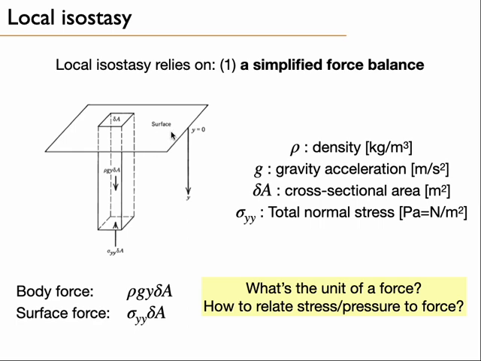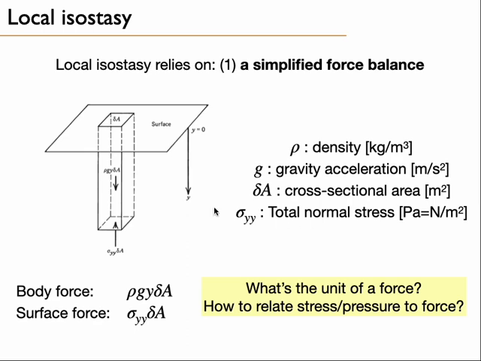There will be differences. The gravity acceleration g will be important. Delta A is the cross-sectional area of our block. So it would be a cut along the iceberg section. Sigma yy is the total normal stress here.